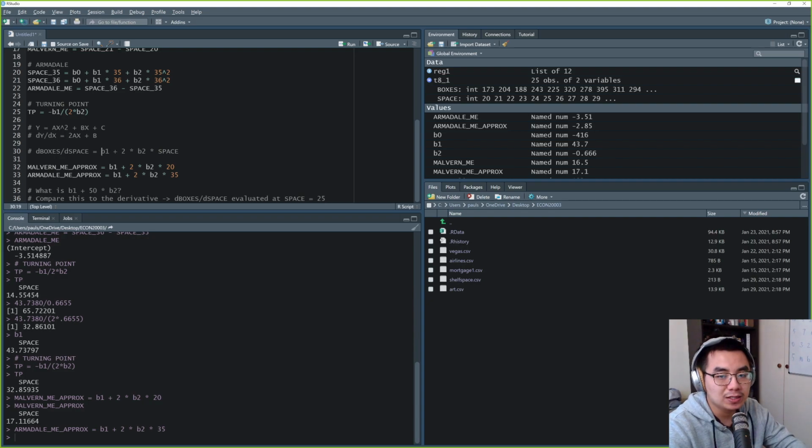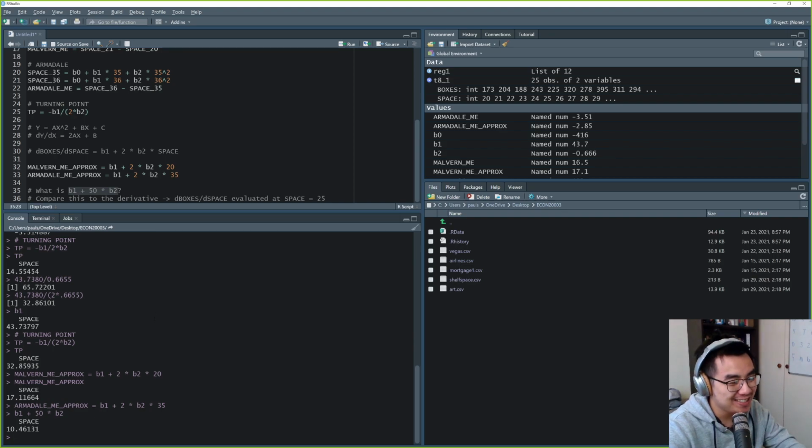Looking at this expression and comparing it to the derivative, you have beta 1 and beta 2 here, so 50 must be 2 times space, so space is equal to 25. It's the derivative evaluated at space equal to 25. If you evaluate it, it's 10.46. So for a space of 25, increasing your floor area by 1, you'll sell approximately 10.46 boxes more.